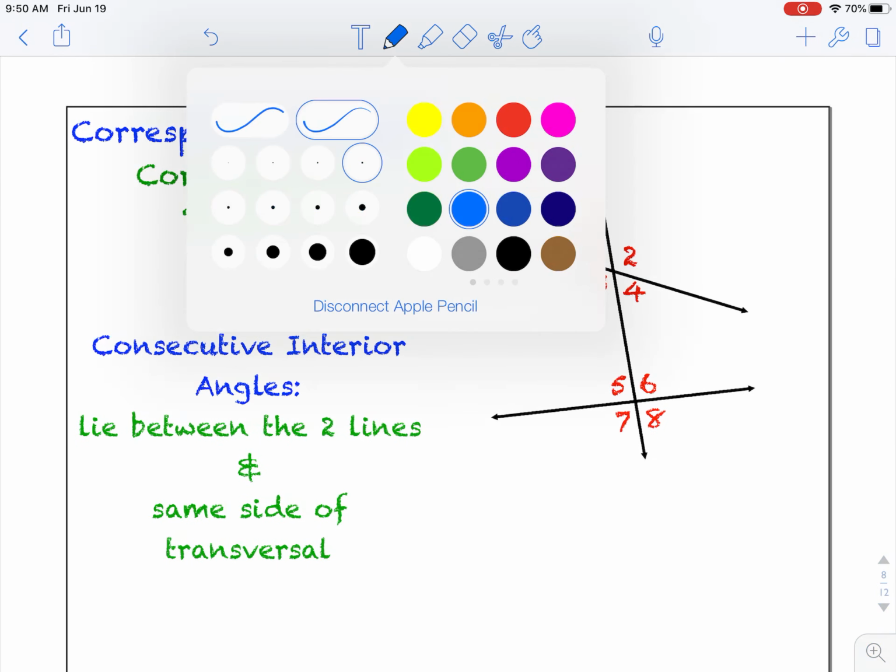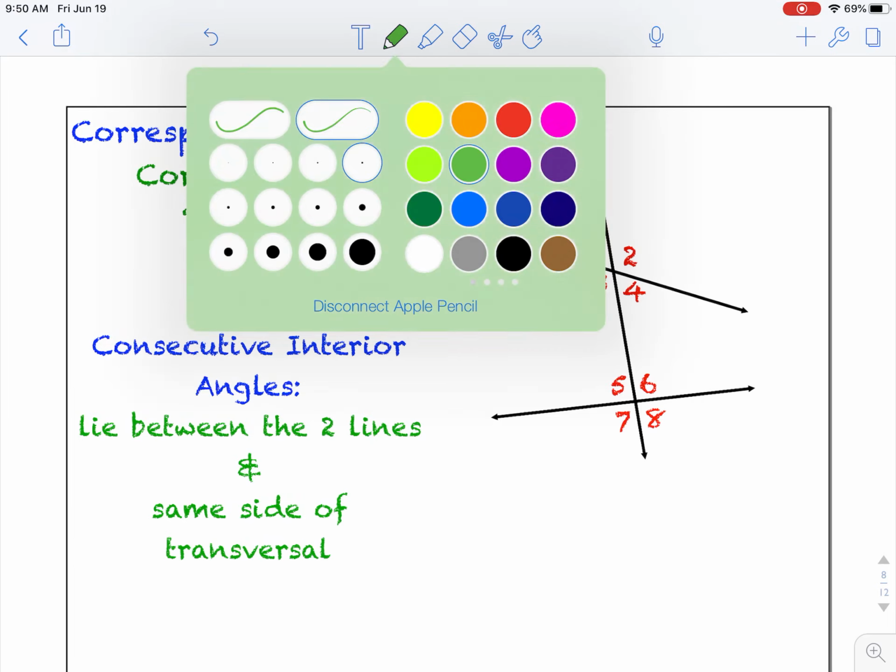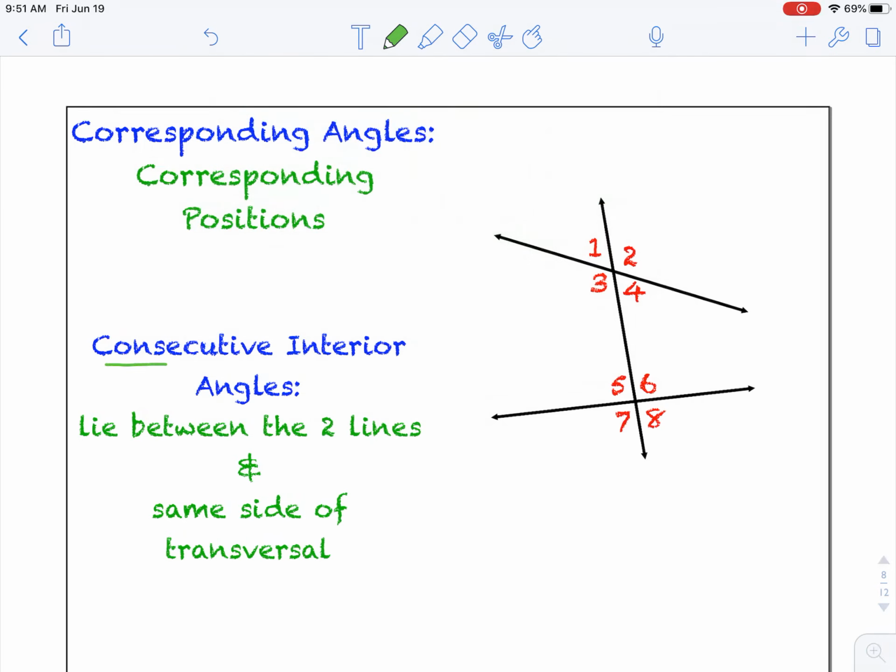The next 2 we're going to look at, one does and one really doesn't. So let's look at the one that does describe itself first, okay? I'm going to jump down here to consecutive interior. Consecutive means next, right after another, okay? And they're on the interior, again, of these lines that the transversal is intersecting. So again, here's our transversal, and it's intersecting those lines.